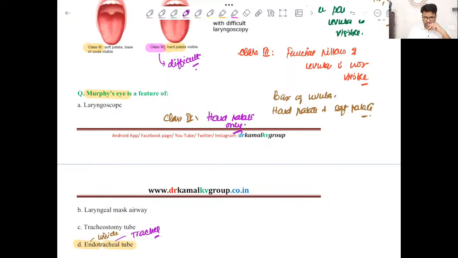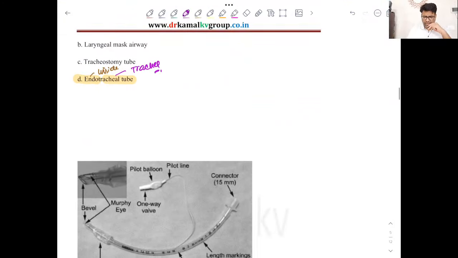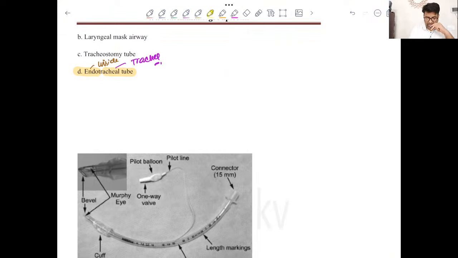Now let us see what this Murphy's eye is. This is the end of the endotracheal tube, and here you can see there is an opening, and this opening is known as the Murphy's eye.